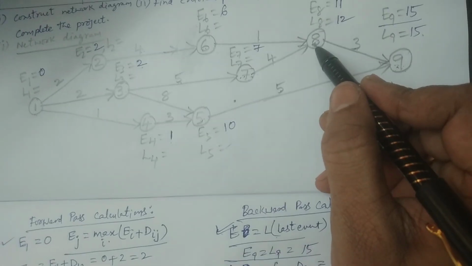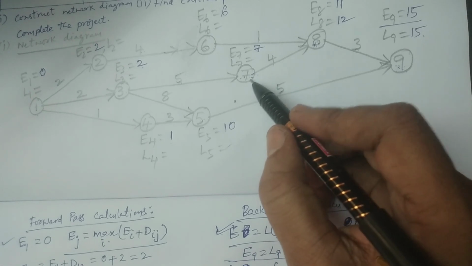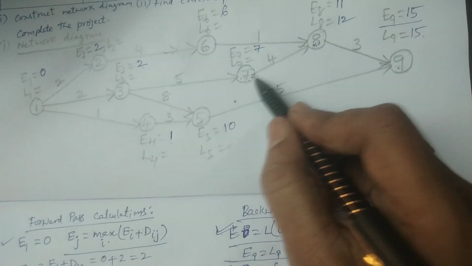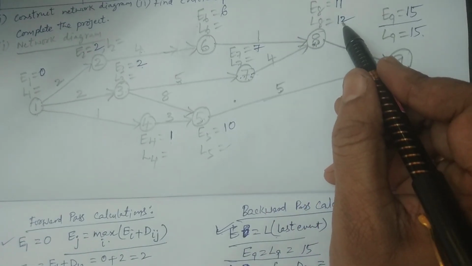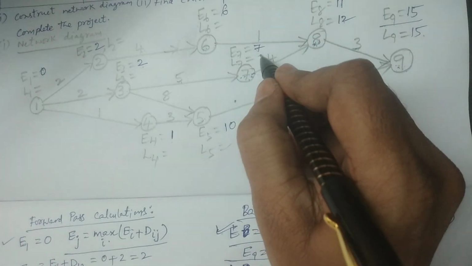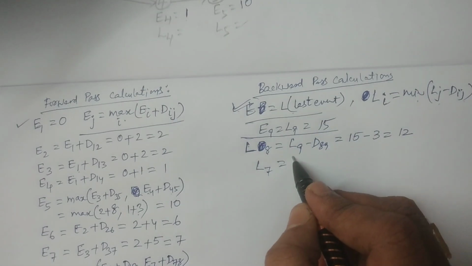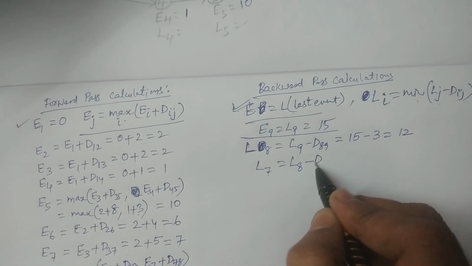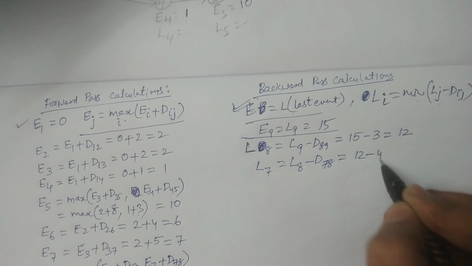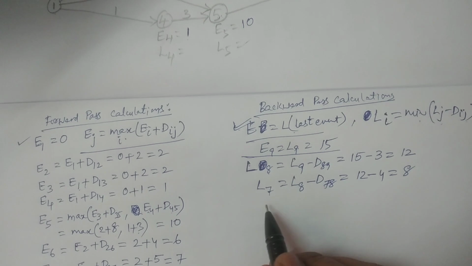Coming back to 7, only one: 7 to 8. Therefore you subtract from L8: 12 minus 4, it is 8. So using the formula, L7 is equal to L8 minus D78, which is 12 minus 4. Hence it is 8.